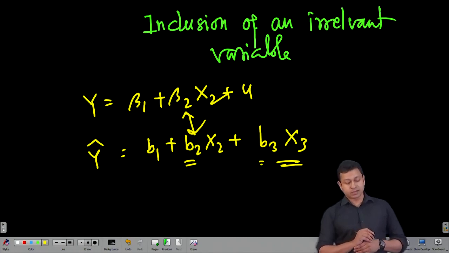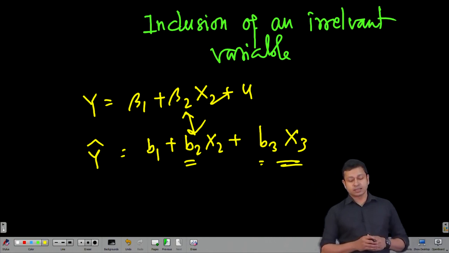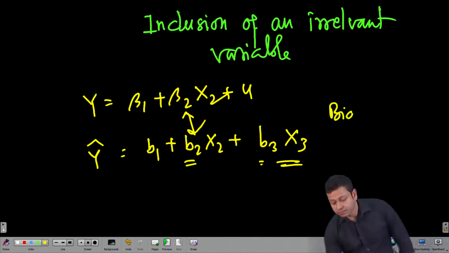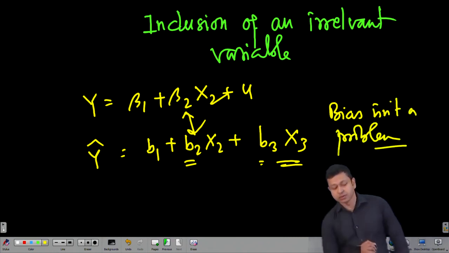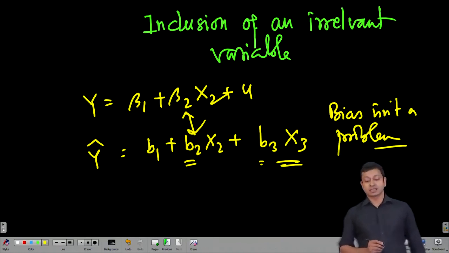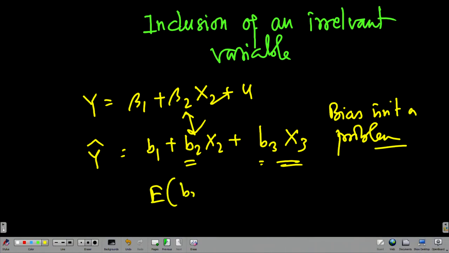So, that is not the problem. We are not going to do the proof here, but we can say that bias is not a problem here, but where the problem is going to come is in terms of the efficiency, the standard error. So, here expectation of B2 is equal to beta 2.